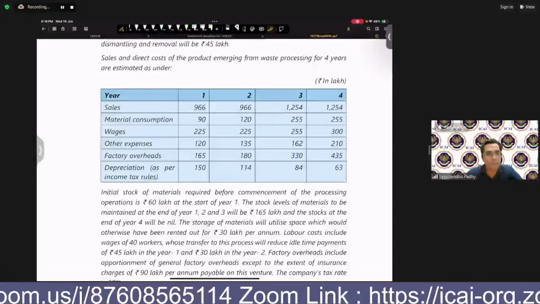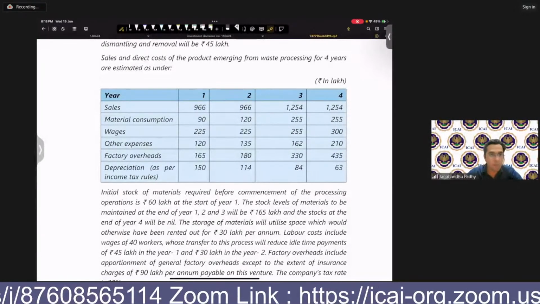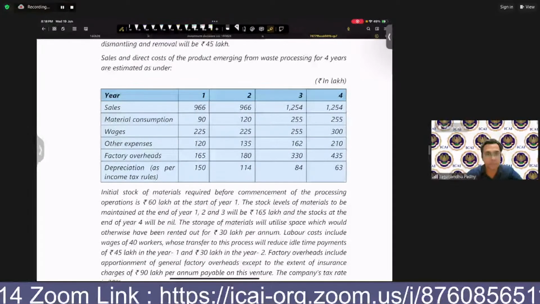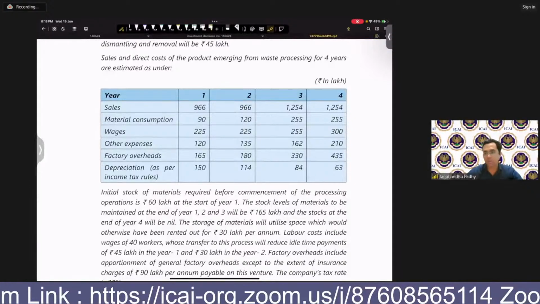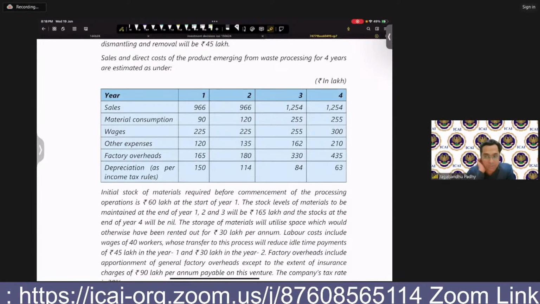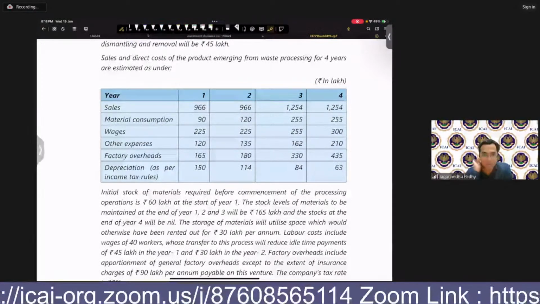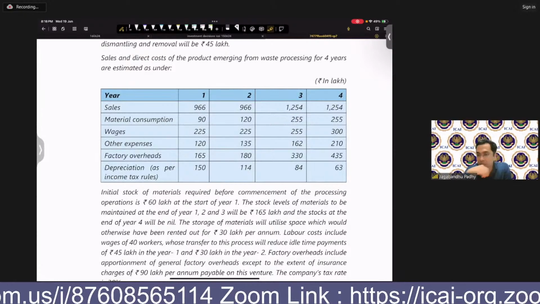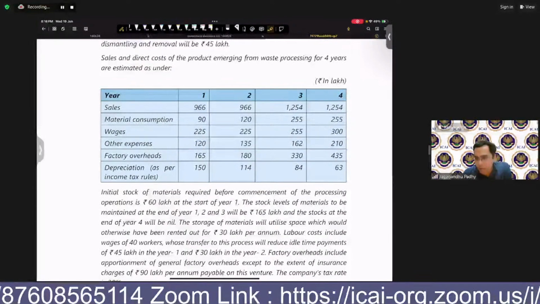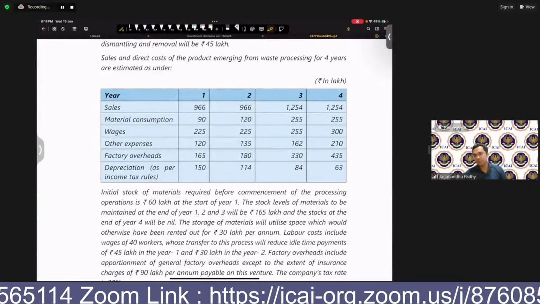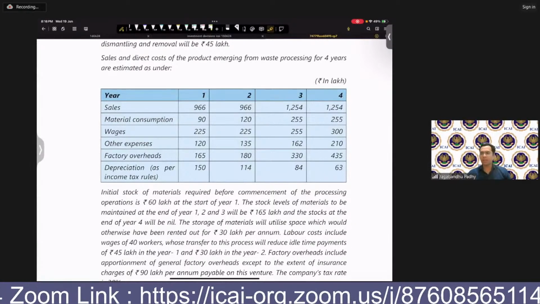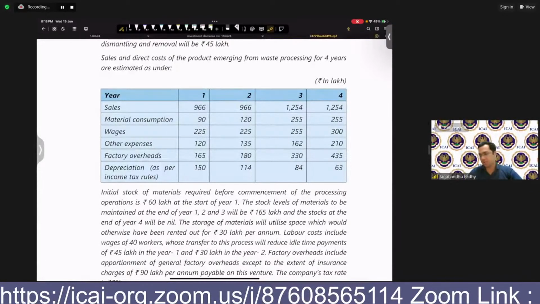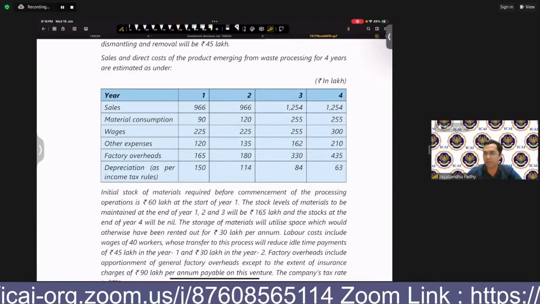Investment chapter, whatever we have done, is very much related to real life. When you go to corporates also, you'll find similar techniques are being used for NPV and IRR calculations.